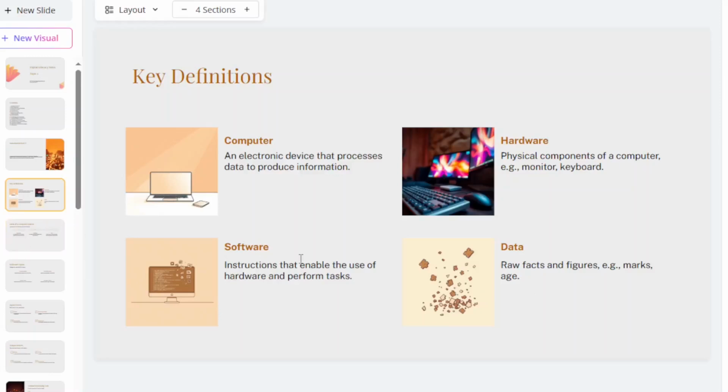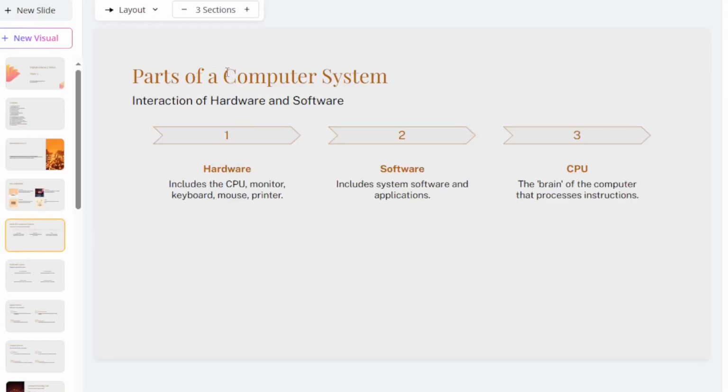So software and hardware go hand in hand, because without the hardware the software cannot work, and without the software the hardware also cannot operate. We have the parts of a computer system, the interaction of hardware and software.